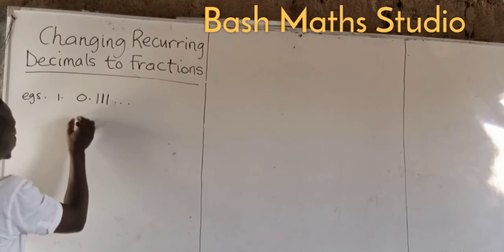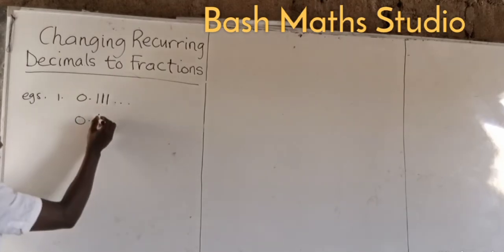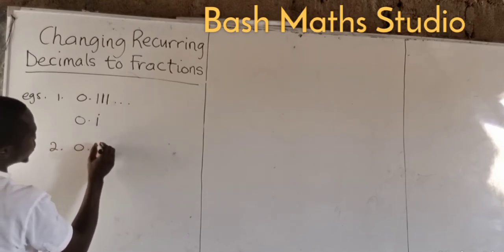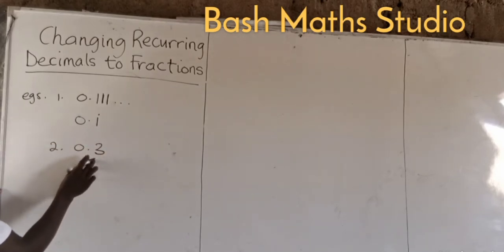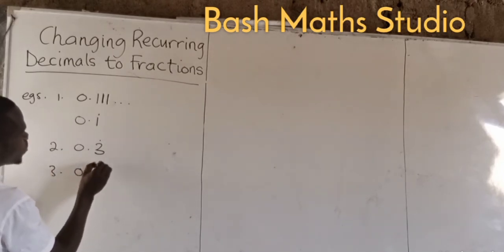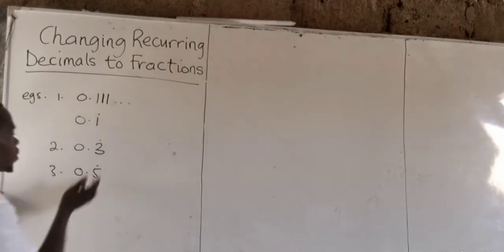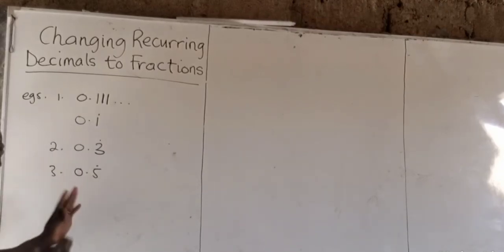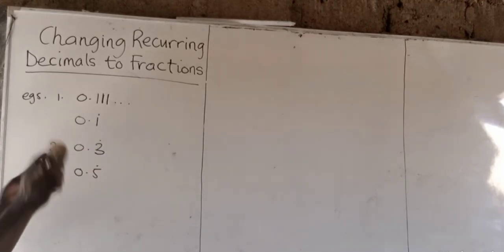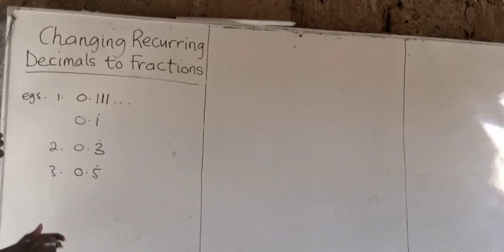For example, 0.1 where 1 is being repeated, or another example, 0.3 where 3 is being repeated, and then maybe another example, 0.5 where 5 is being repeated. So if the repeating value is of the same kind, that is what we are going to focus our next episode on. And then we also focus on other ones later on. So that's what we are going to do next.